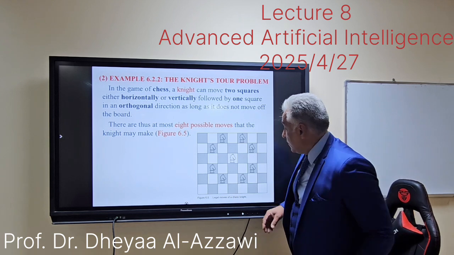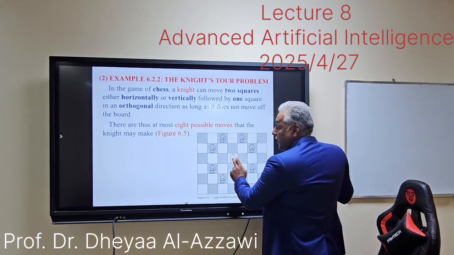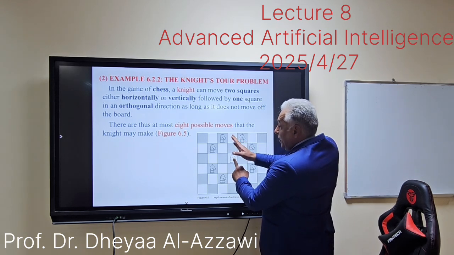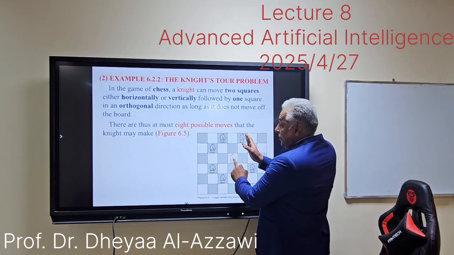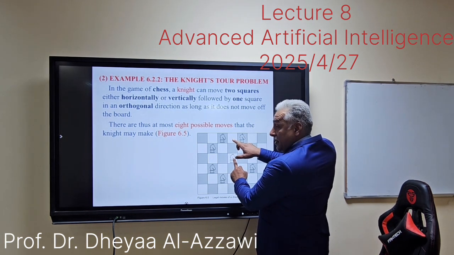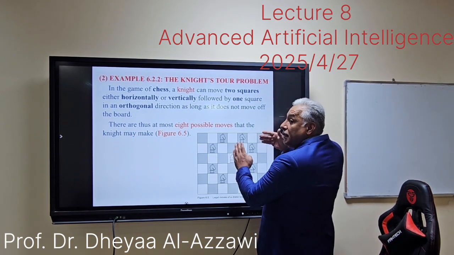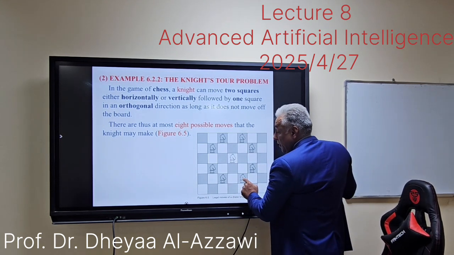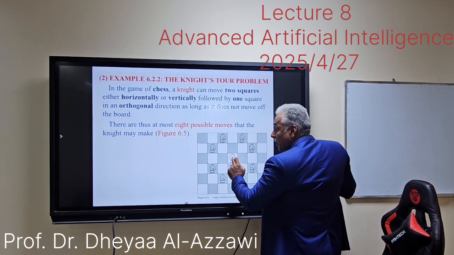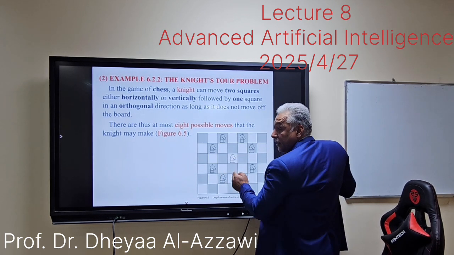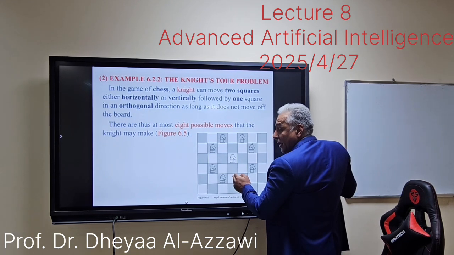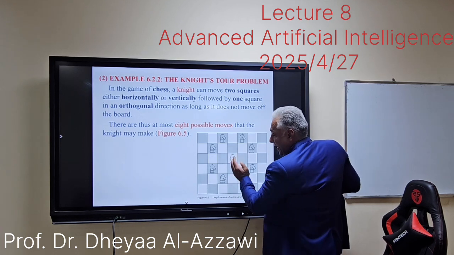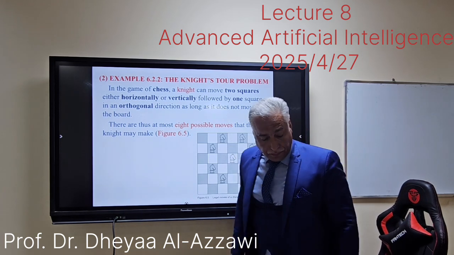For example, when we move two boxes in one direction, 1, 2, the third move is orthogonal to this direction, one box perpendicular to this line, and so on.